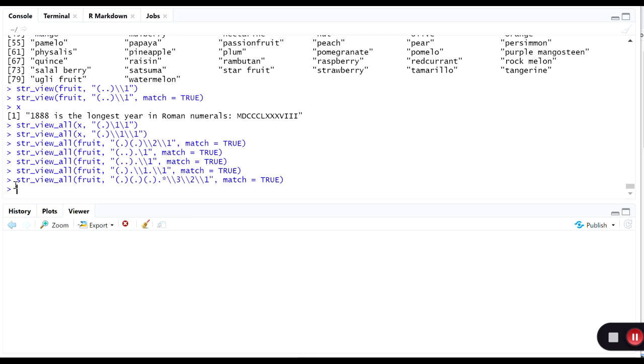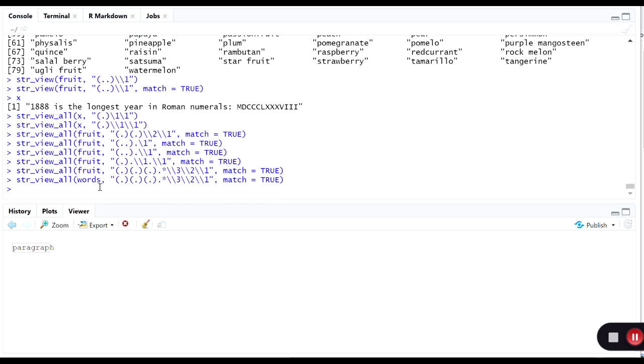Let's see if I got any matches if I used words. Yes, I do. Because I have the P, A, R, and then I have some other stuff, and then I have them in reverse order. R, A, P. Okay?